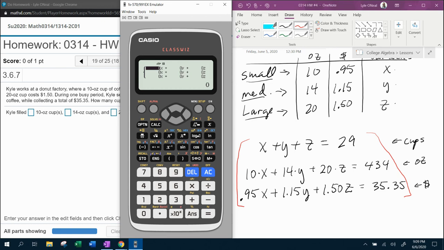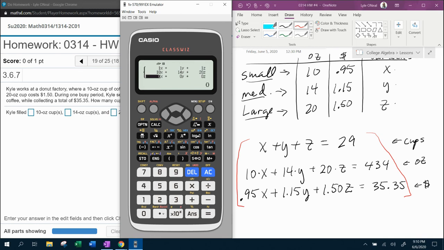And then we're going to simply type in the coefficients for each equation. Here we go. First equation, 1, 1, 1, and the constant is 29. Second equation, 10, 14, 20, and 434.